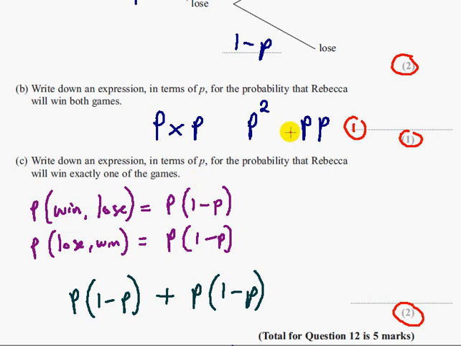The first one's a method mark for seeing at least one of these P times open bracket 1 minus P close bracket, and the second one comes from the final answer, basically, of adding those two together, to give you the actual probability that Rebecca will win exactly one of her games. And that's it.